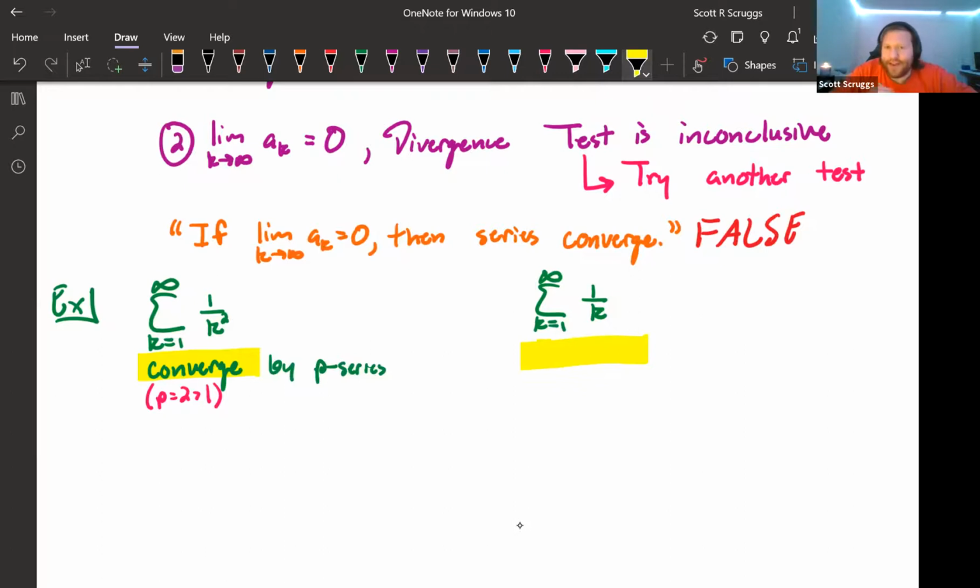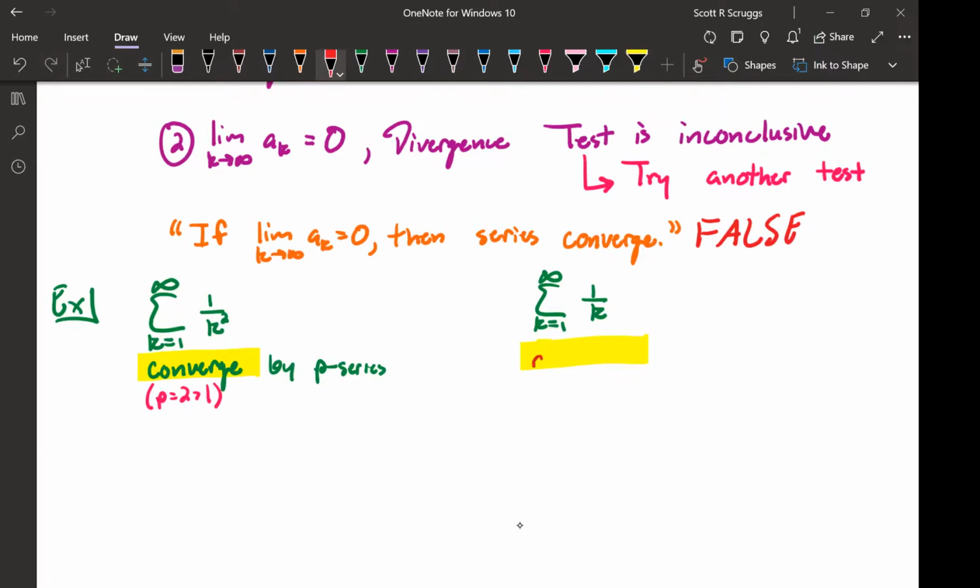What about that second series? Diverge. Okay, diverge. Why will it diverge? Because it's simple harmonic motion. Bingo. It's a harmonic series.